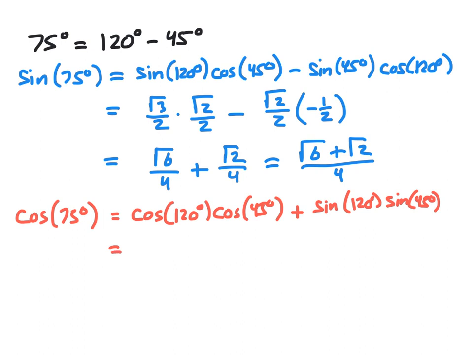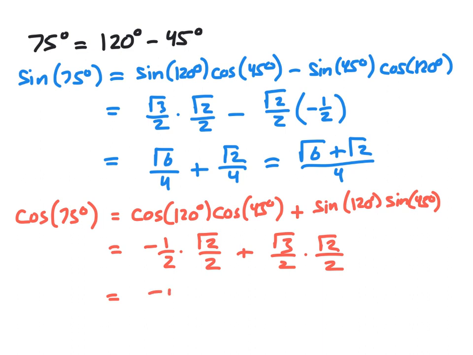Now when we compute these, cosine of 120 is negative 1/2. Cosine of 45 is square root of 2 over 2. And we'll add to that the sine of 120, which is square root of 3 over 2, times the sine of 45 degrees, which is square root of 2 over 2.